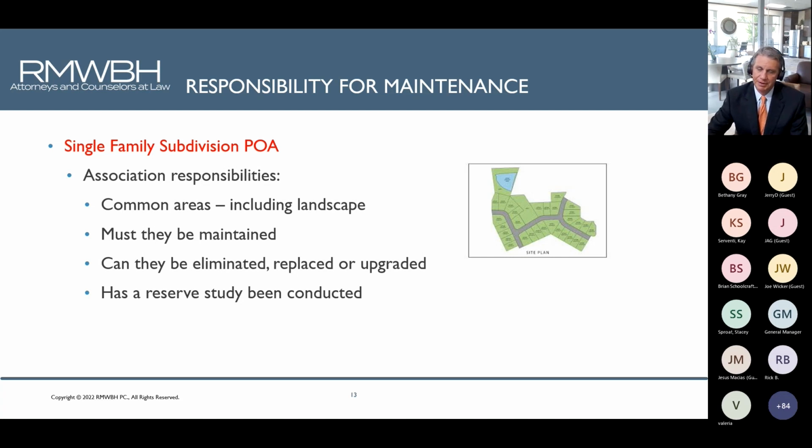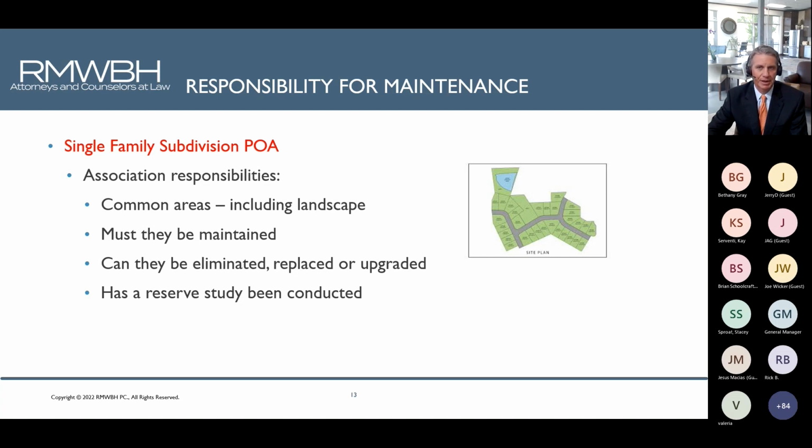There's a big difference between maintaining private roads and replacing private roads. Maintaining will certainly keep you from having to replace sooner than later, but ultimately some of this stuff will have to be replaced. Again, talking about things like anything with a motor, any pool equipment, fountains, that sort of thing.